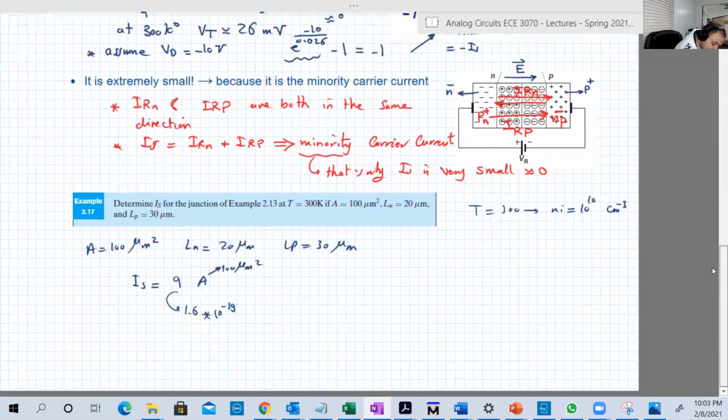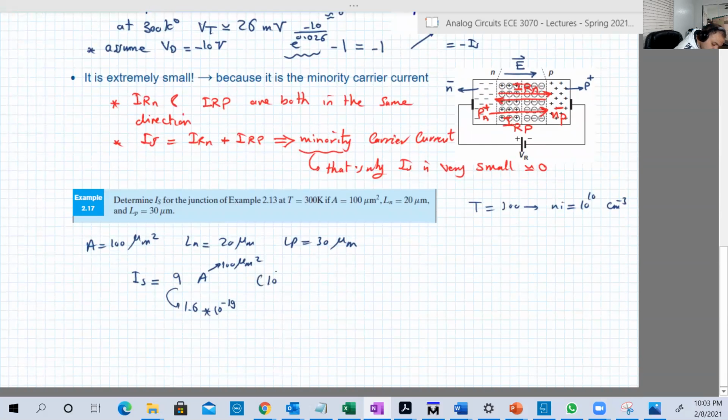ni squared is 10 to the power of 20, because it's the square of 10 to the power of 10. And now you have a problem. The area should be converted to centimeter squared, of course.